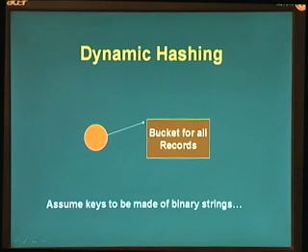Initially all data is stored in a single bucket, that is, the bucket for all records, and assume that our keys are made of binary strings. Now suppose there is an overflow in this bucket. What happens?